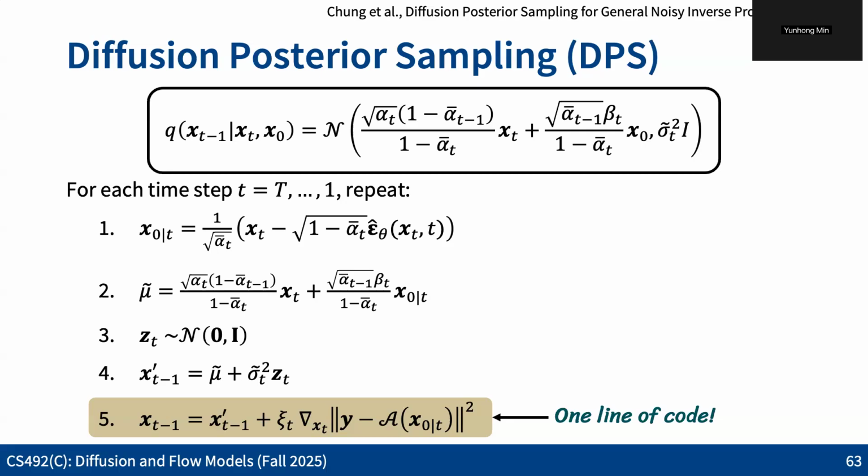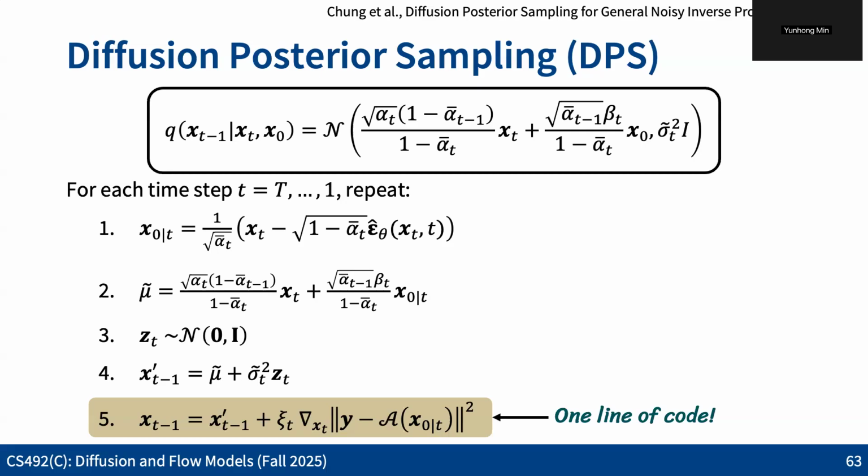Adding the guidance at test time, even without any fine tuning, using the pre-trained diffusion model is such an easy thing. You just need to add one single line into the code to give some kind of guidance in the outputs. And based on that, you can solve many inverse problems. You can solve super resolution, inpainting, deblurring, many other things. Interesting.